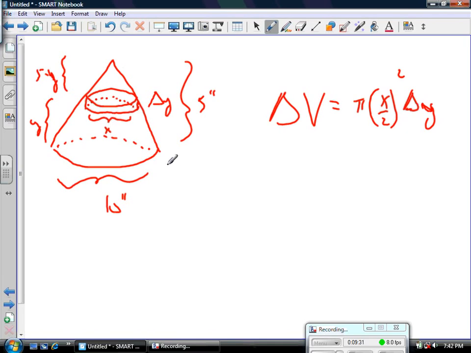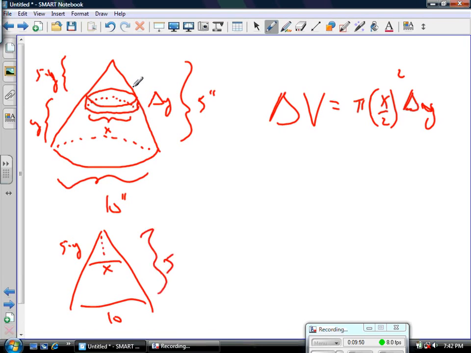Don't you still have a cross section of similar triangles? x is to 10 as 5 minus y is to 5, right? It's the same relationship. If you slice right down the middle of this thing, you get this cross section. Same relationship for x and y.